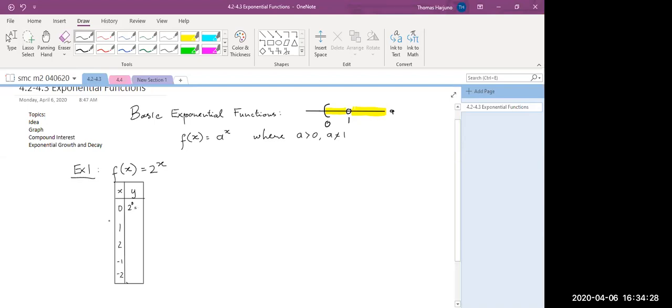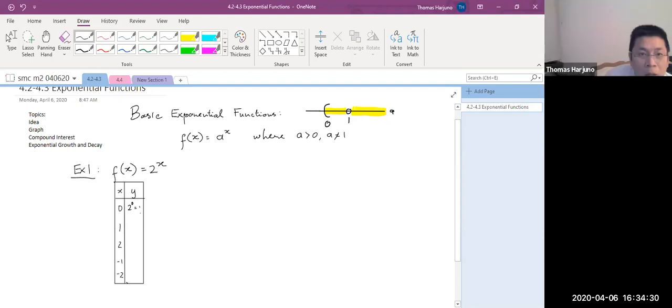Then 2 to the 1 is 2. 2 squared is 4. 2 to the -1 is 1/2. 2 to the -2 is 1/4. Right? Now let me try to sketch that graph.